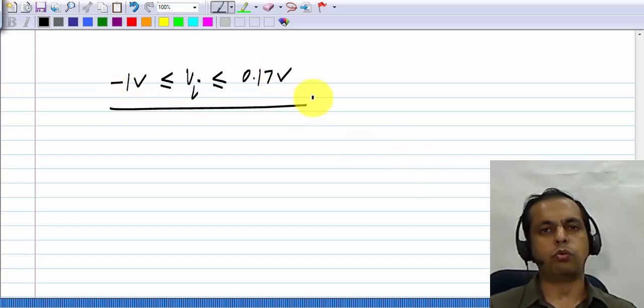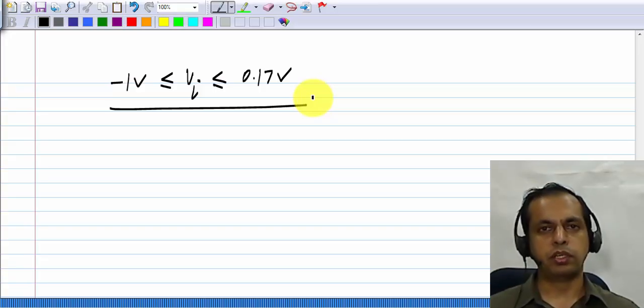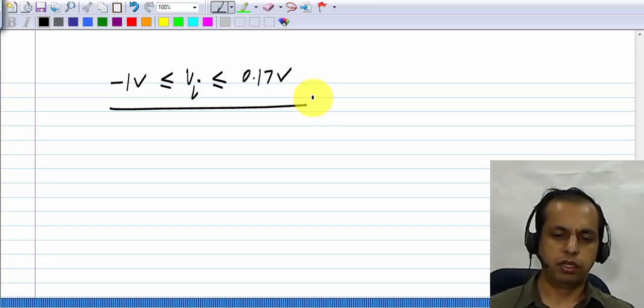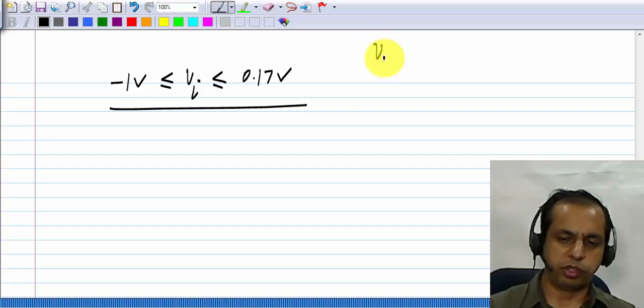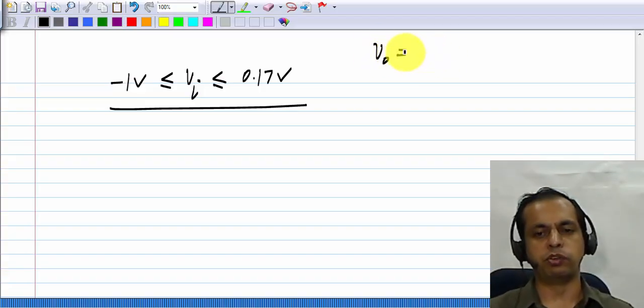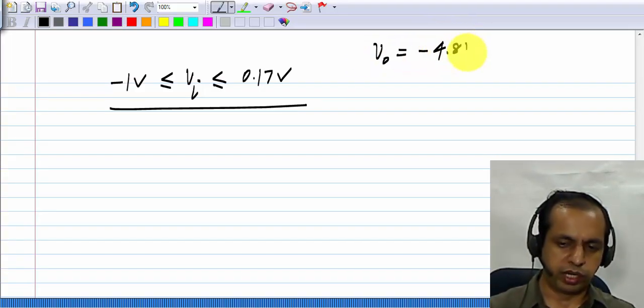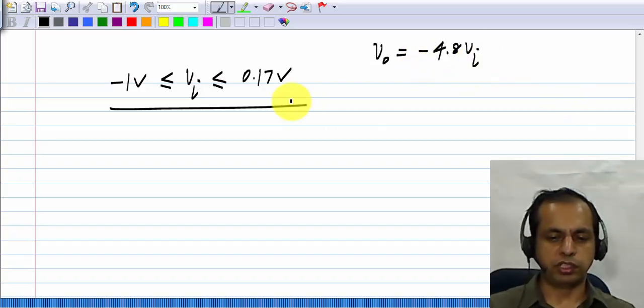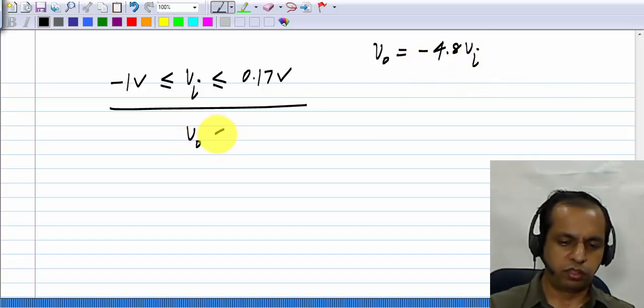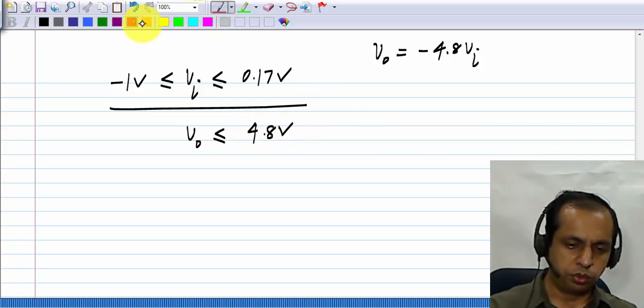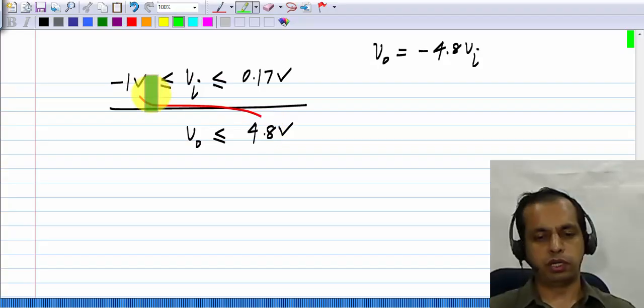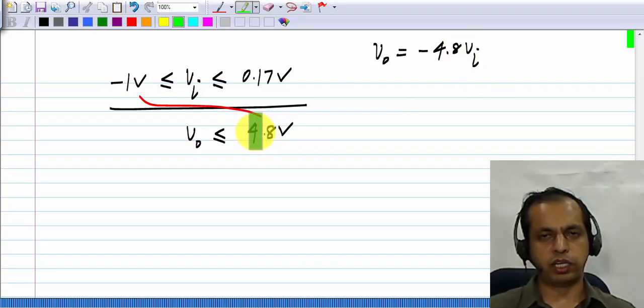Sometimes you want to know what is the output signal that can be produced so that it's a faithful copy of the input, and that's very easy to calculate because we still use the relationship between input and output based on the small signal incremental picture. In our case, V0 is minus 4.8 times Vi. So from this we can write that V0 should be between 4.8 volts, which is due to this one. It is -1 times minus 4.8, so that limit appears here. So this is due to cutoff.